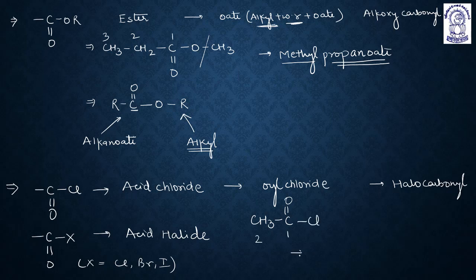Then the root word is eth, carbon-carbon single bond, so ane. The E will be dropped because, if the ending of the primary suffix and the starting of the secondary suffix are vowels, like the primary suffix ending with E (ANE, ENE, YNE) and the secondary suffix starting with a vowel like OYL, then the E will be dropped. So we drop the E and it becomes OYL, ethanoyl chloride.